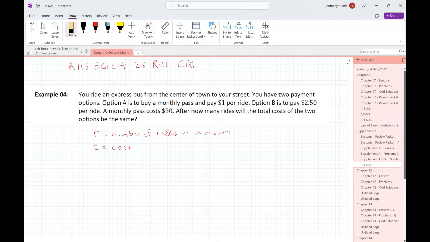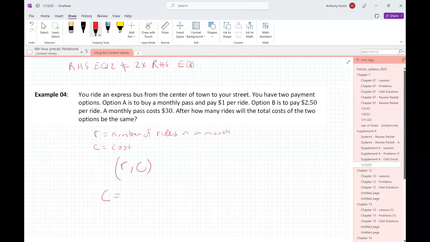Which one doesn't depend on the other? The cost is the dependent, because if I ride 5 times, the cost changes. If I pay $15, it doesn't necessarily mean that, right? It doesn't work that way. So the cost that I end up paying depends on how many rides I took.